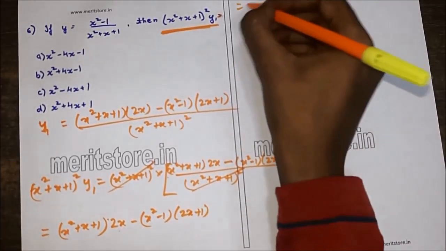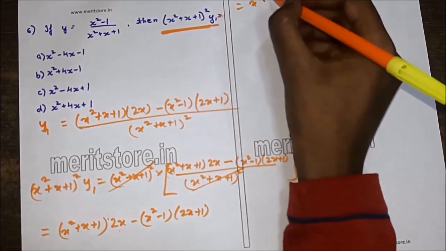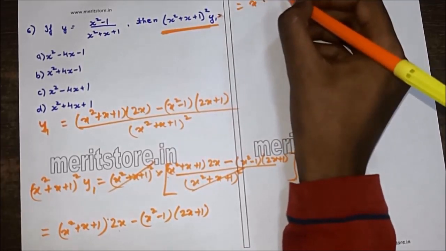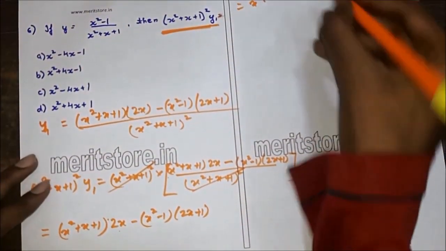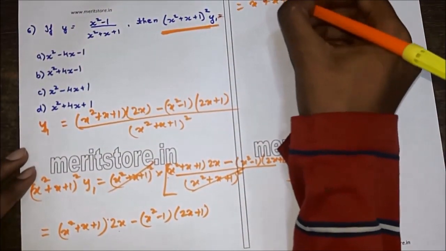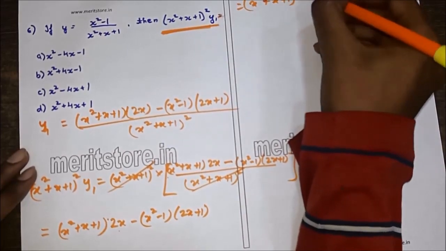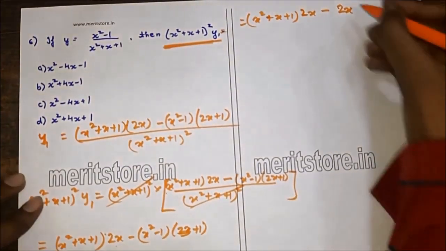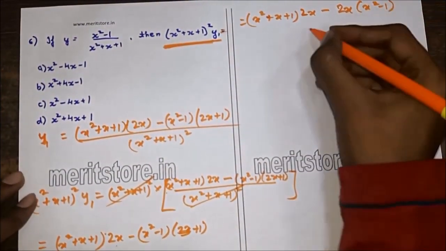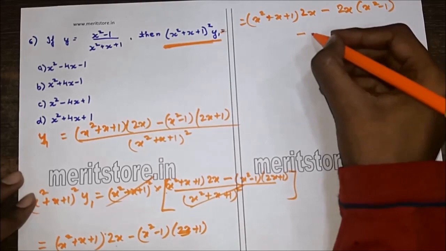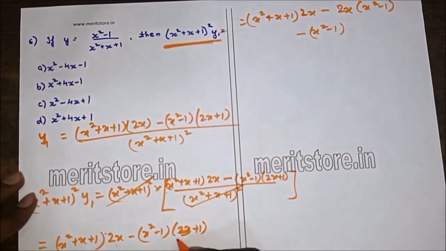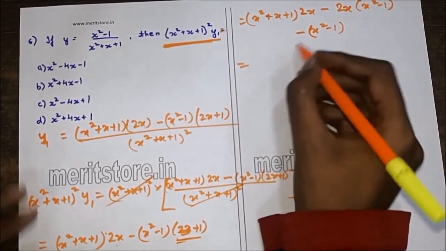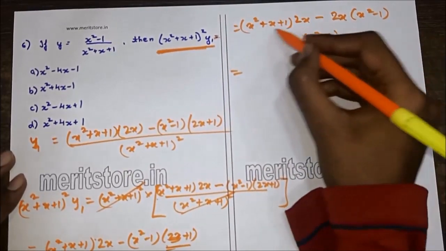We expand the brackets. We get x square plus x plus 1 into 2x minus, we split this term, so this is 2x into x square minus 1 minus x square minus 1. We split this term. So now we take 2x common in these terms.